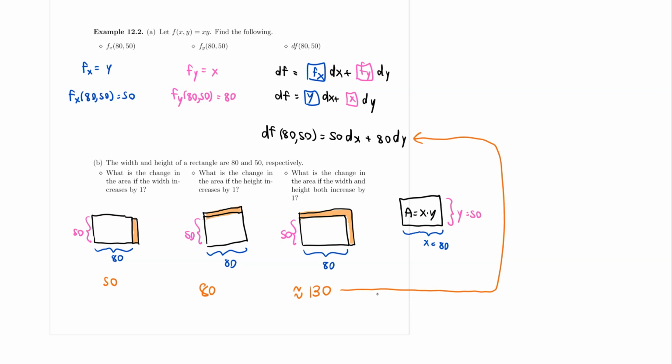So if the change in x, which is dx, is 1, and my little dy here is 1, that means the width of my rectangle goes up by 1, and the height of my rectangle goes up by 1. Then the change in f, the change in the area of my rectangle here, is going to be approximately 50 plus 80, which is 130, as we have from earlier.